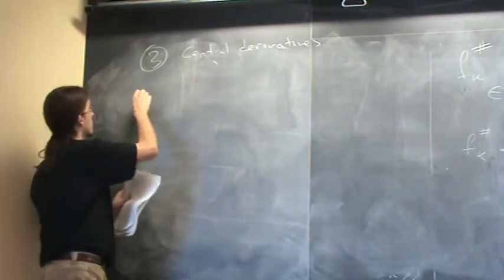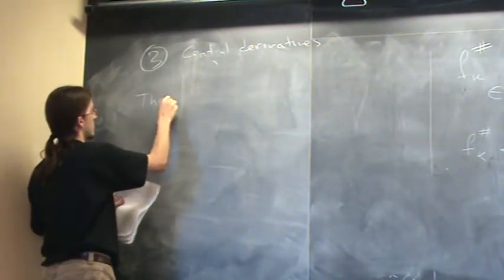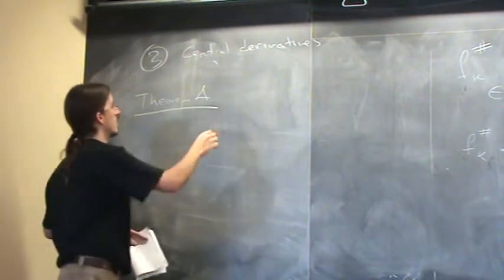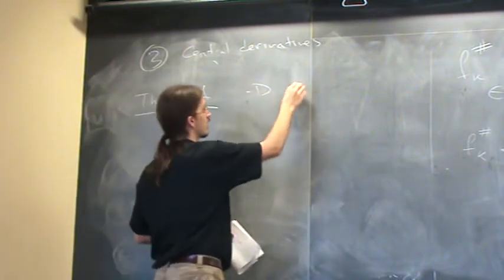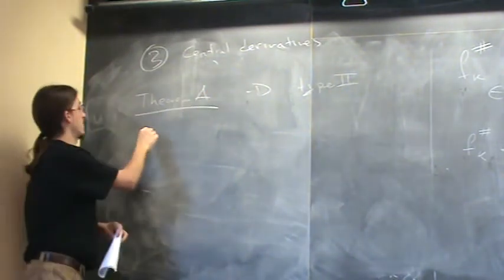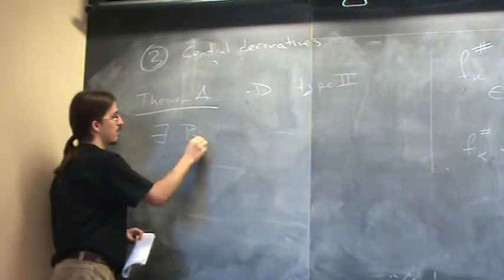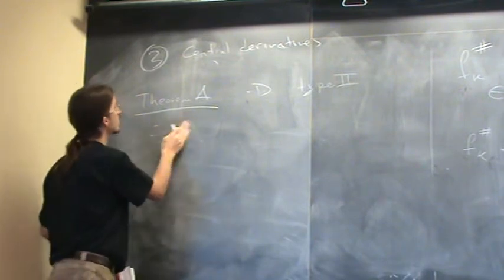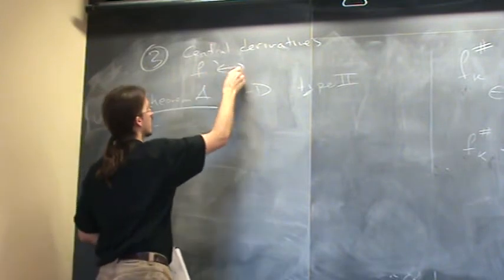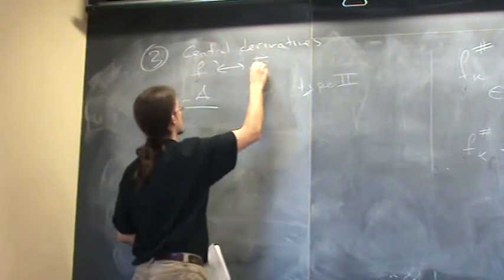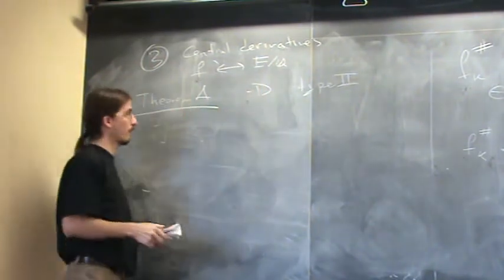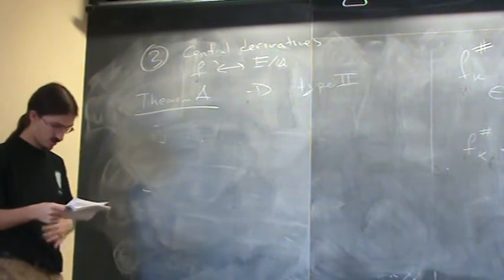I'm going to call this theorem A. So if minus D is a discriminant of type 2, then there exists a point. Sorry, I'm going to make an assumption that F is weight 2, and I'm going to just assume that it has rational coefficients, so it corresponds to an elliptic curve over Q, just to make the statements easier.